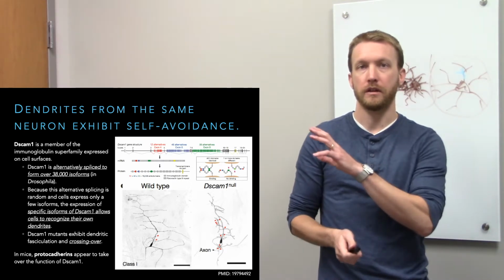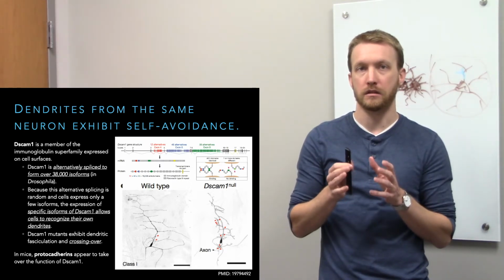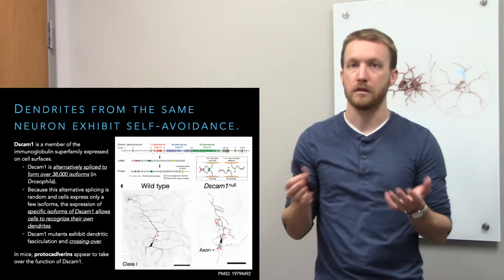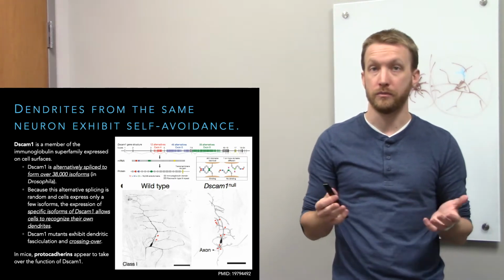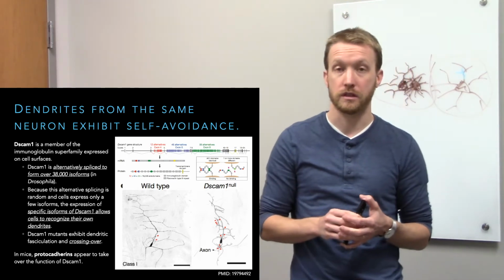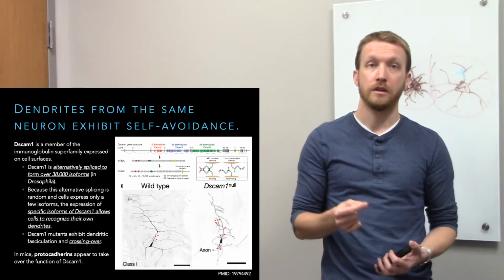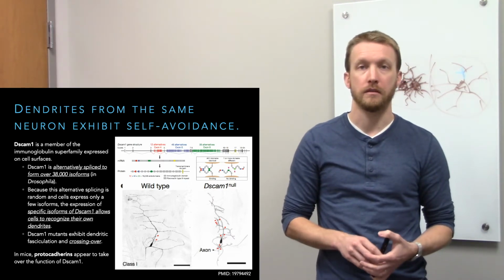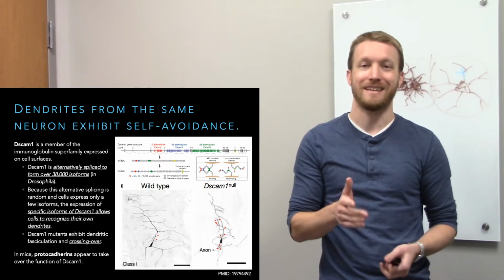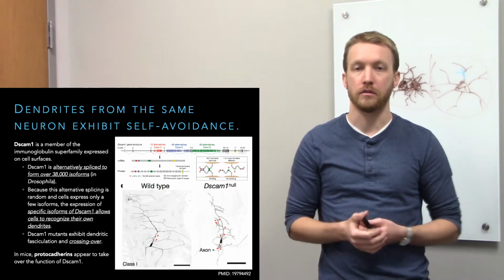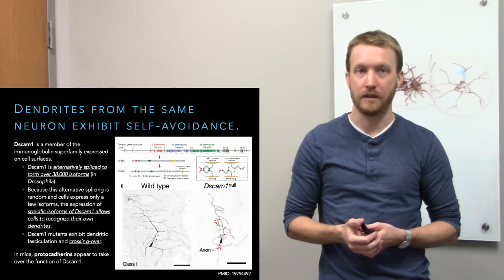So they're color-coded there. There's a few exons that are going to be alternatively spliced, where they can select one of a few or up to many different versions. And through this alternative splicing, which is going to be random, 38,000 different isoforms can be made. So the odds of you expressing the same DSCAM1 as your neighbor would be 1 in 38,000. So not very likely.